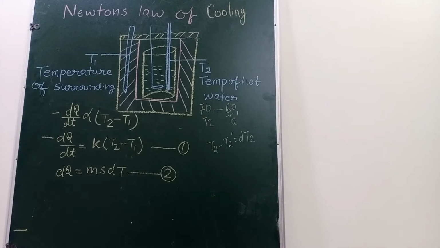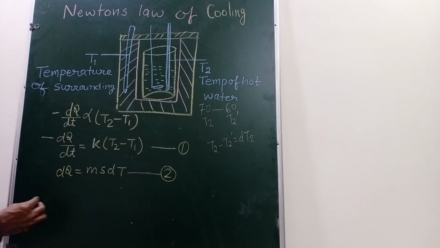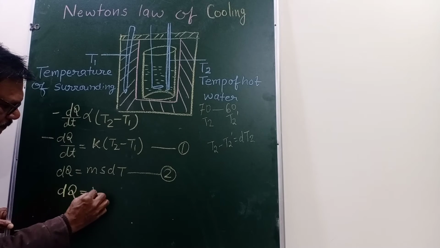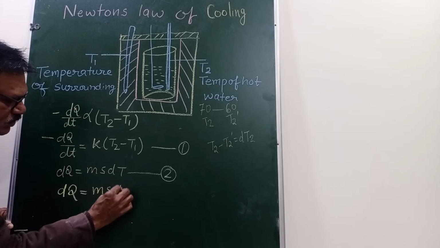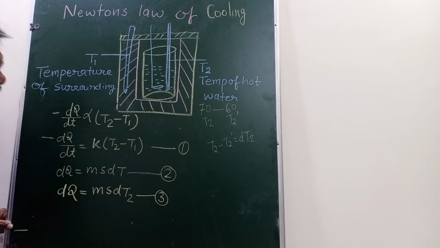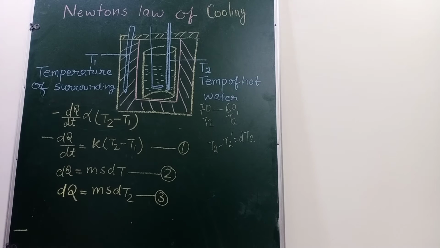So from the definition of specific heat, dQ equals m s dT2. This is equation 3. Now put the value of this dQ in this equation.